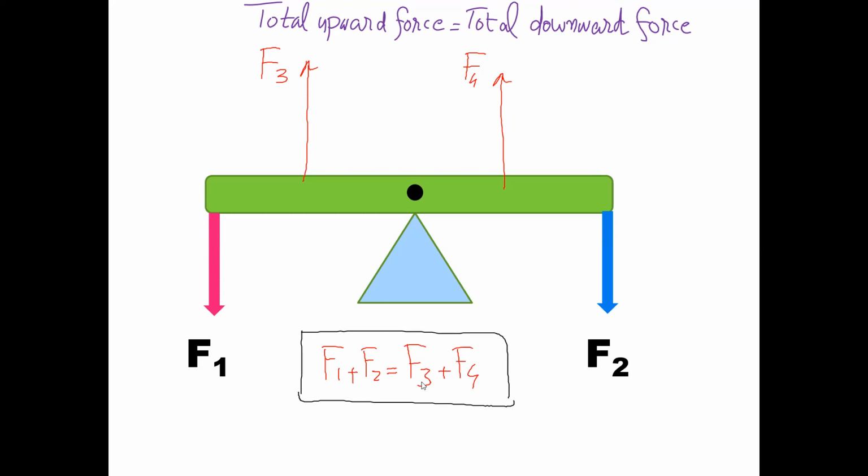So when a pivoted object is like this, the total upward force is equal to total downward force.